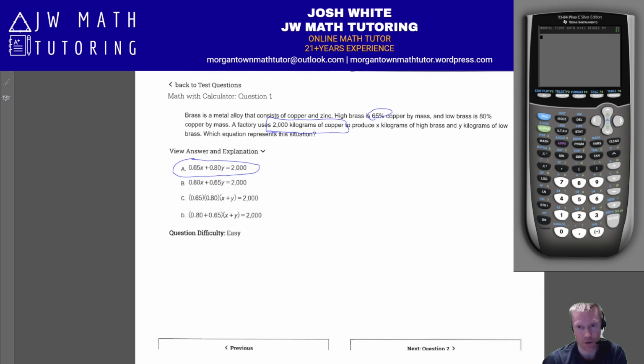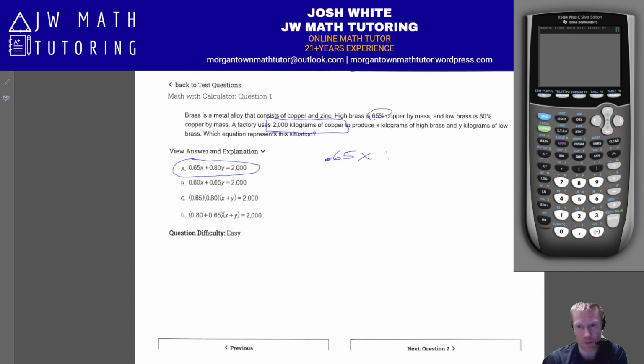So it's 0.65 times x, because x is the number of kilograms of high brass. 65% of x is the total number of kilograms that are copper. And the rest are some other, I guess zinc, according to the problem.